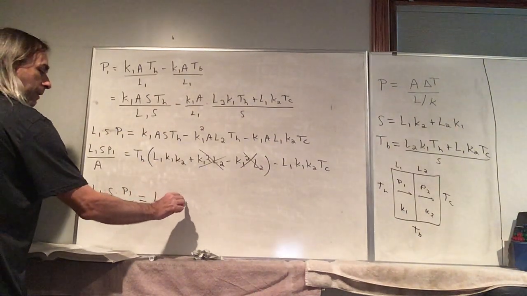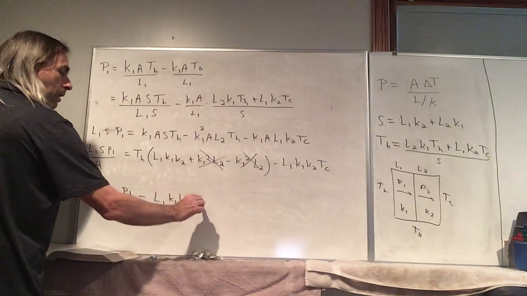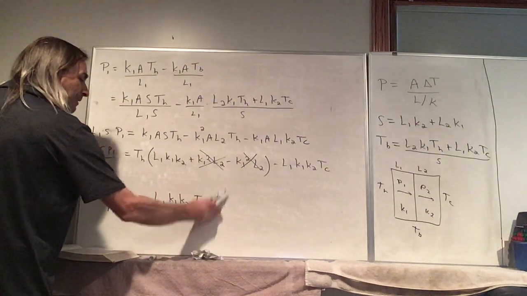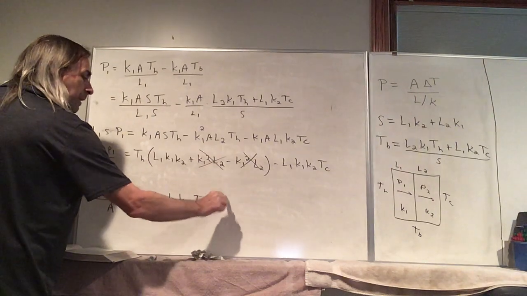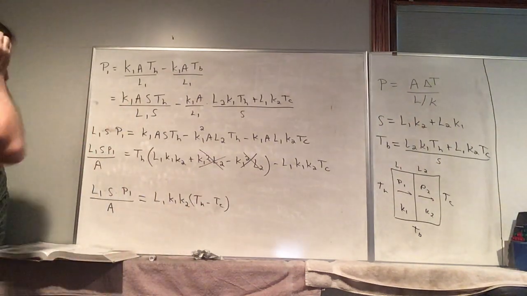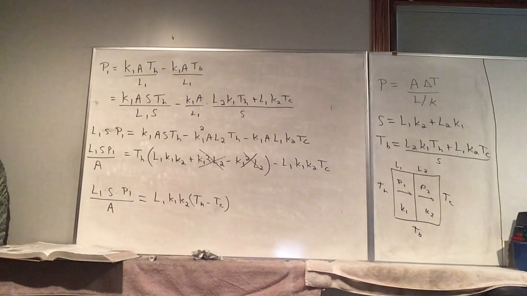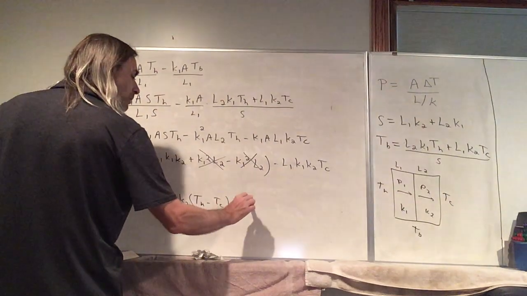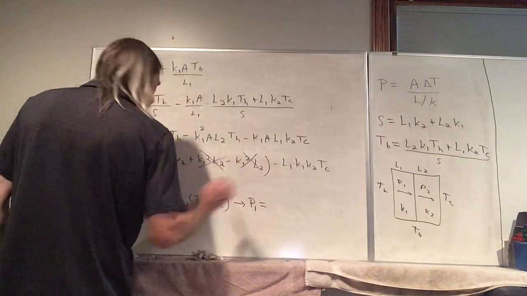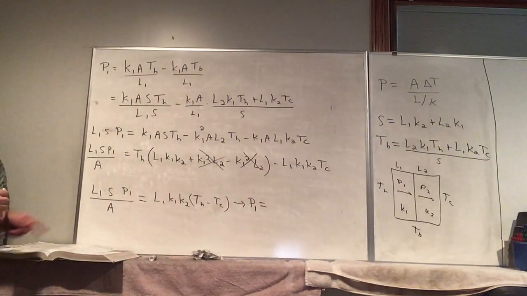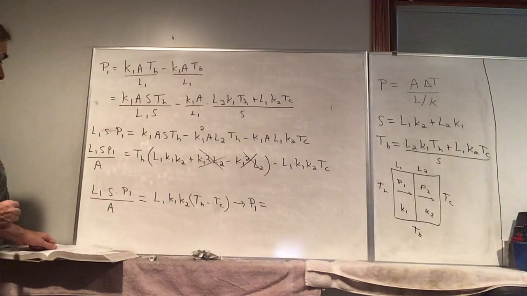L1, K1, K2 times TH minus TC. Okay, so we're getting there. We want to solve for P1, so let's do that. So P1 is A.